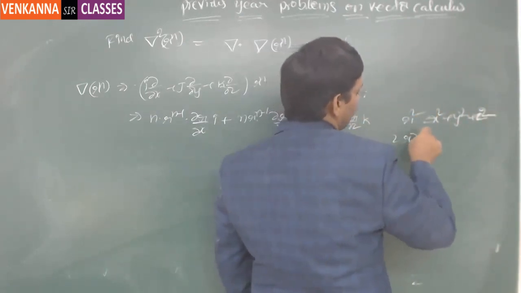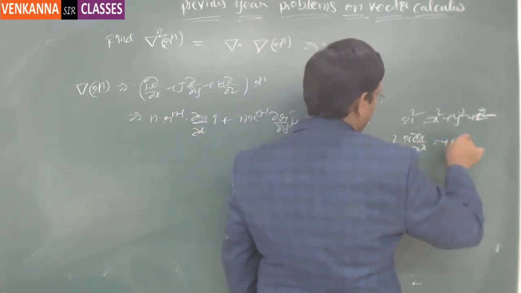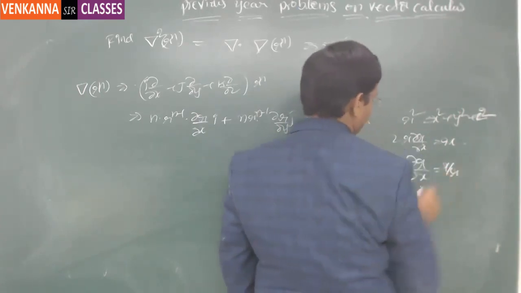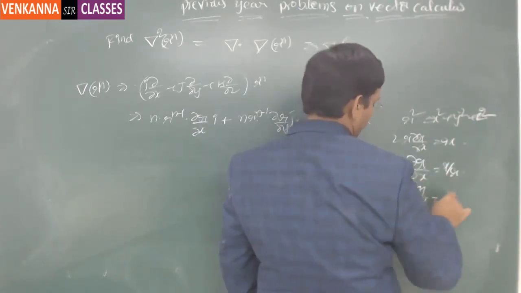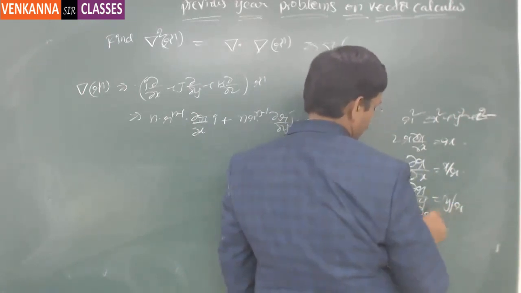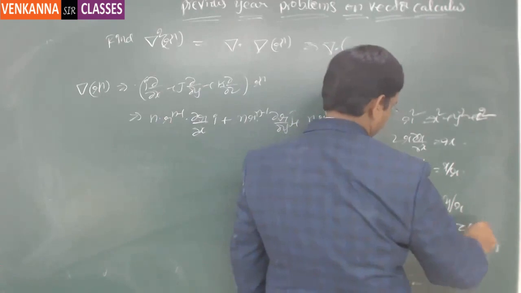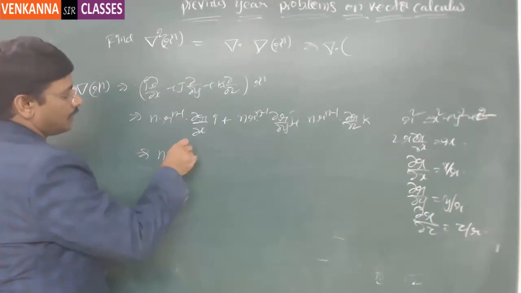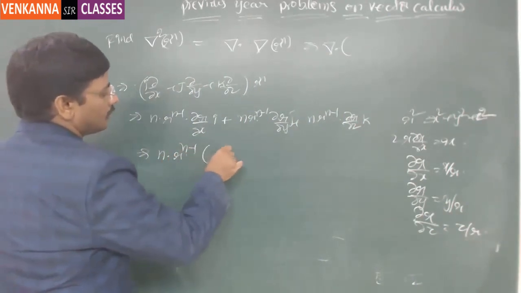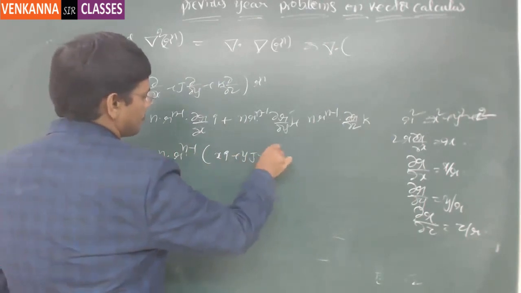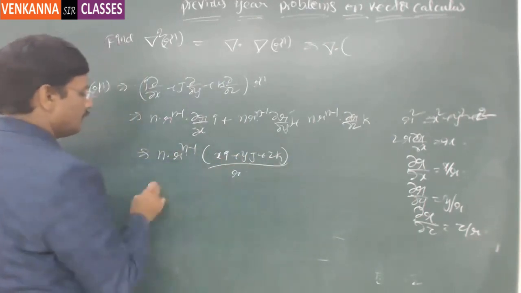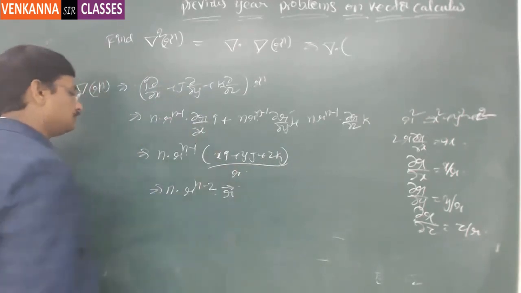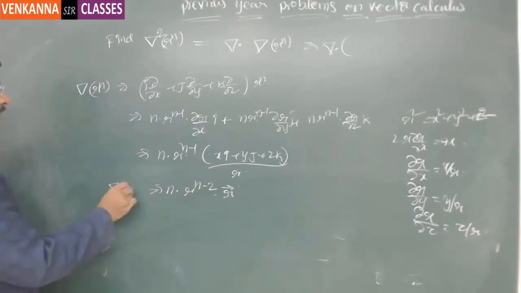So 2r ∂r/∂x is equal to 2x, or ∂r/∂x is equal to x by r. Similarly, ∂r/∂y is equal to y by r, and ∂r/∂z is equal to z by r. Now if you replace it here, this is going to be n r power n minus 1, and then in the numerator xi plus yj plus zk divided by r, or in other words n r power n minus 2 times r bar, right? So this is del of r power n.